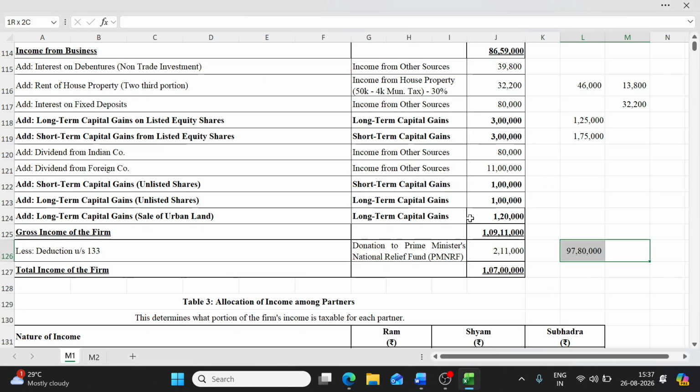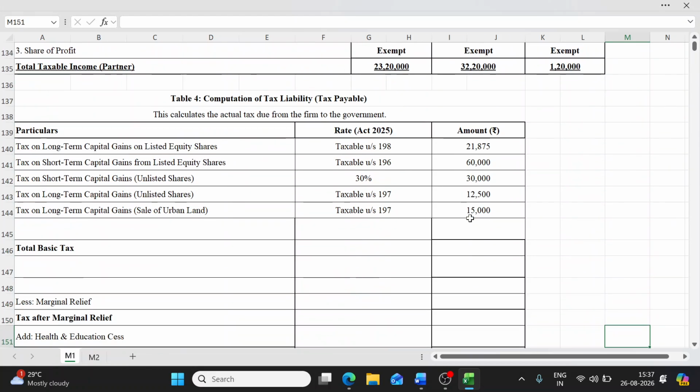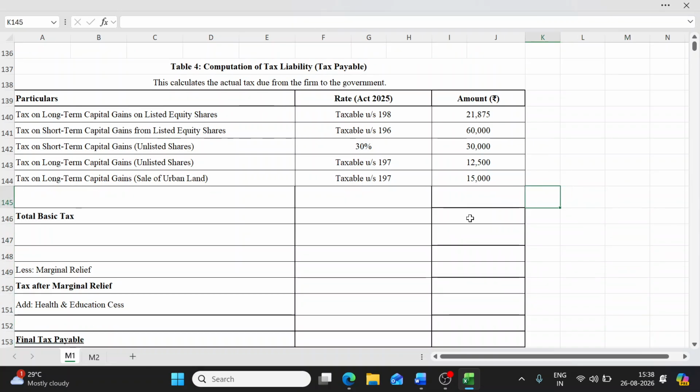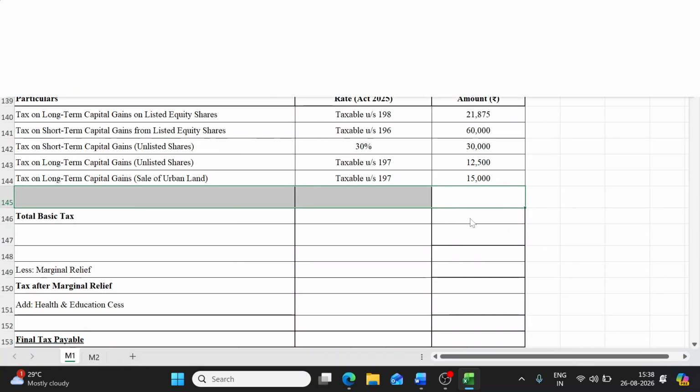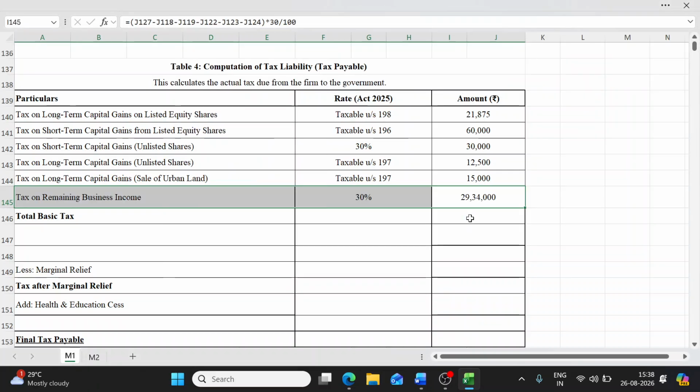So let's calculate 30% on 97 lakh 80,000. So 29 lakh 34,000 is the tax on remaining income.